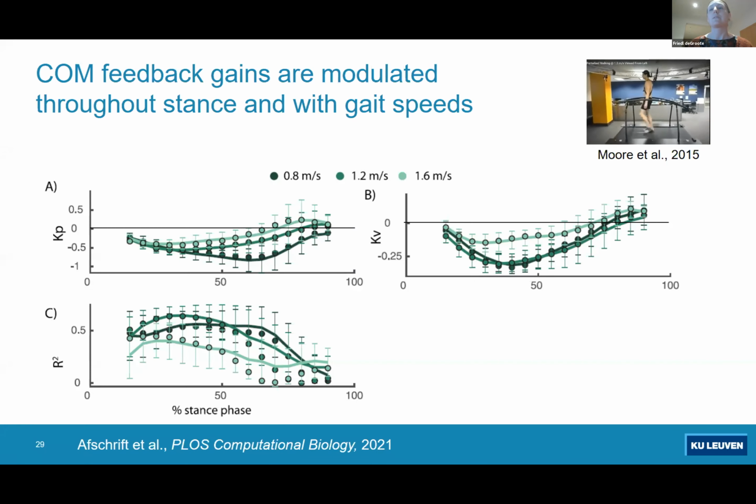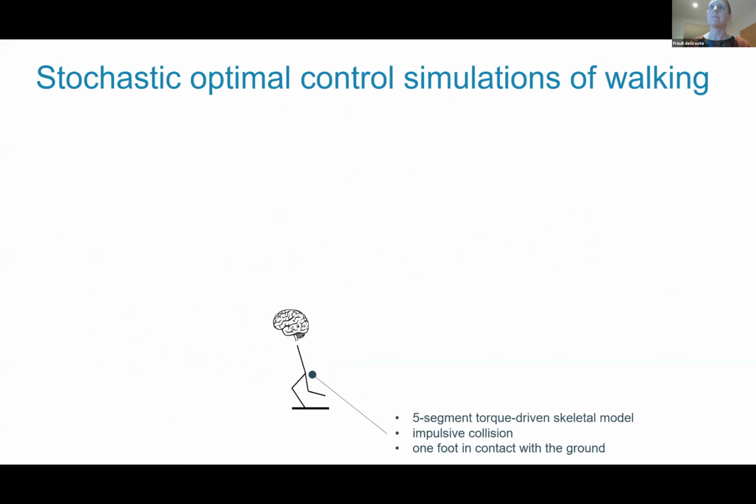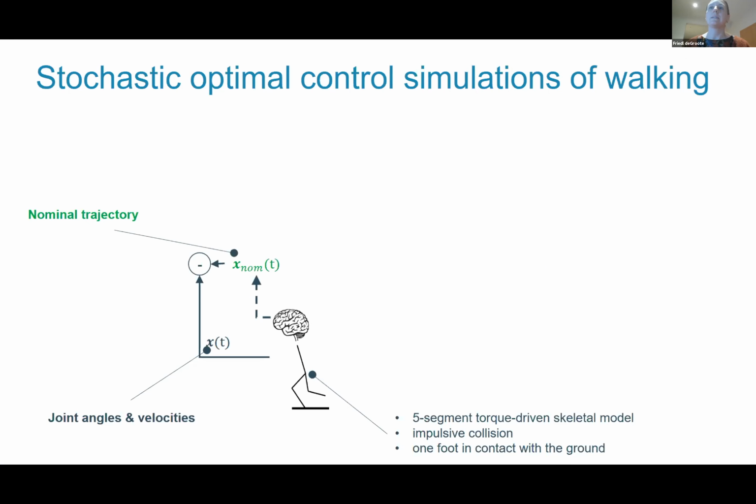And we then used our stochastic optimal control framework to evaluate whether optimal control could reproduce these experimental observations. We used a relatively simple 5-segment torque-driven model with impulsive collisions. So at each time instant, only one foot was in contact with the ground. We assumed that the full state, consisting of joint angles and velocities, was sensed and compared to a desired state.